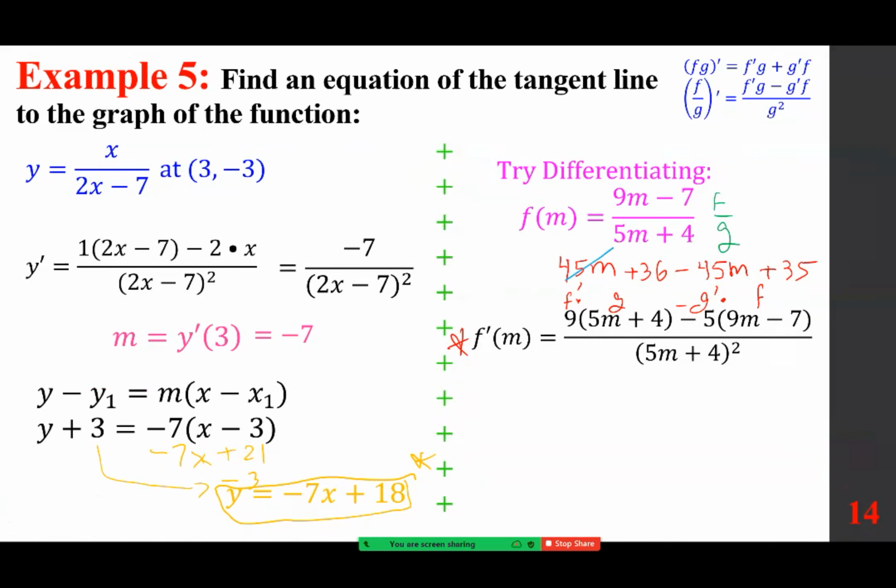So 45m, negative 45m, they cancel each other. 36 and 35, they add up to 71.